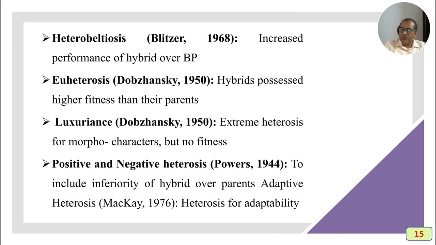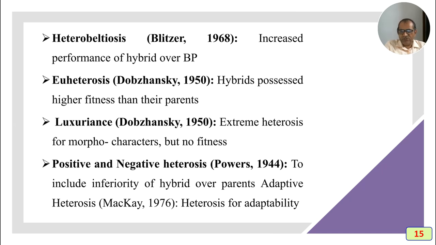Euheterosis is when the hybrids possess higher fitness than that of the parents, whereas luxuriance is an extreme heterosis for morphological characters but with no fitness. Positive and negative heterosis refer to the performance of the majority of the hybrids over parents.